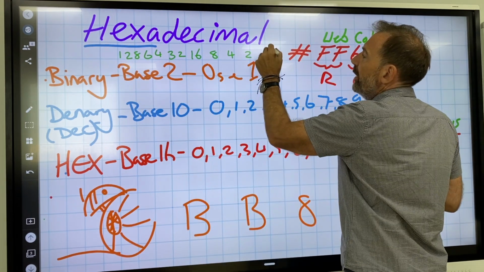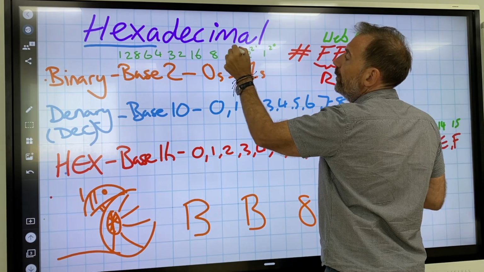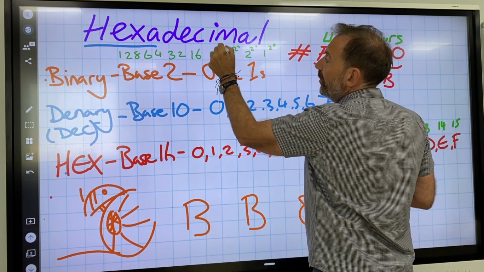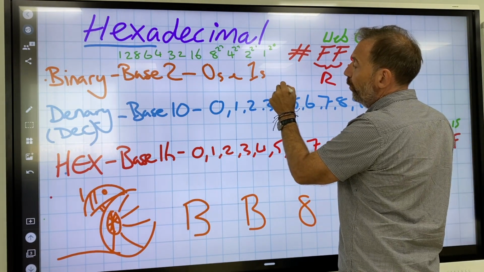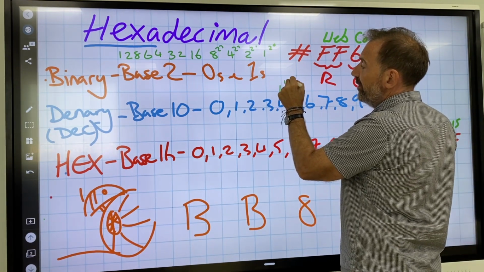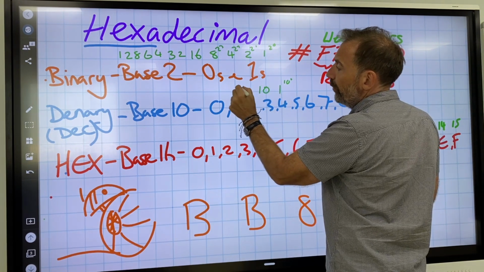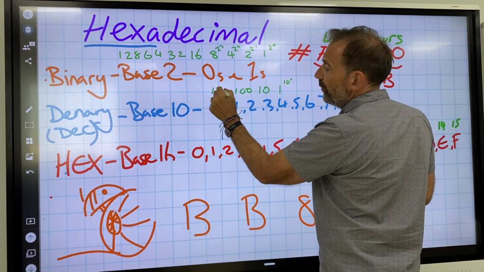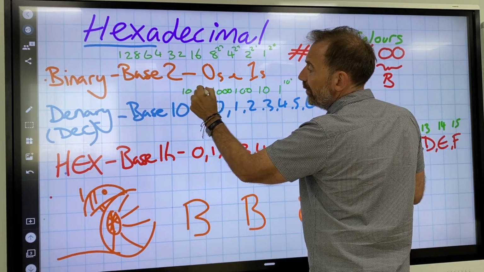This being 2 to the 0, 2 to the 1, 2 to the 2, 2 to the 3, etc. Base 10, we go 1, which is 10 to the 0, 10, 100, 1,000, 10,000, and so on.